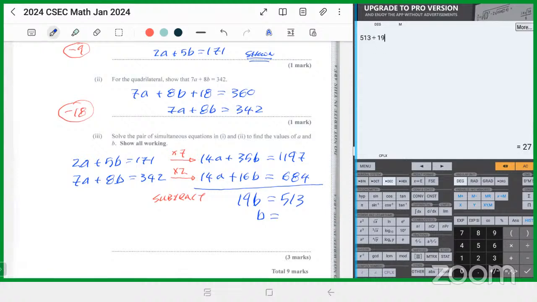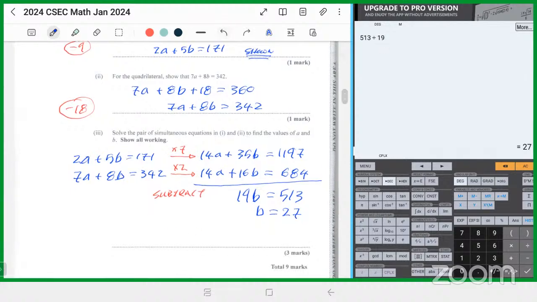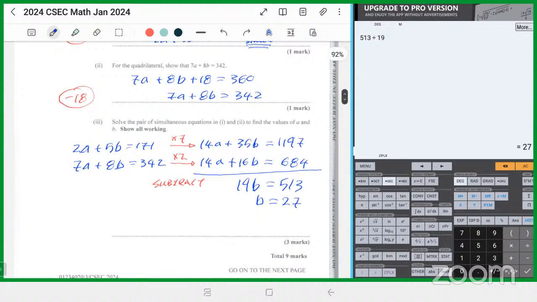Get a nice even 27. And then to find the A, we want to take this 27 and substitute it back in either equation 2 right here for the B or equation 1. So let's just substitute it in equation 1. Since they don't give a lot of space, I'm just going to say substitute the 27 there for the example to see.